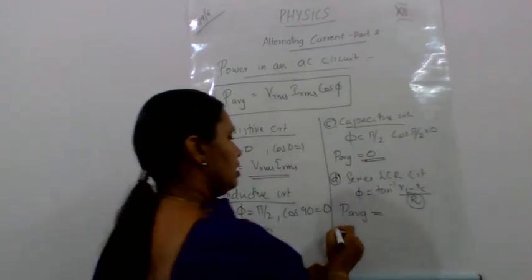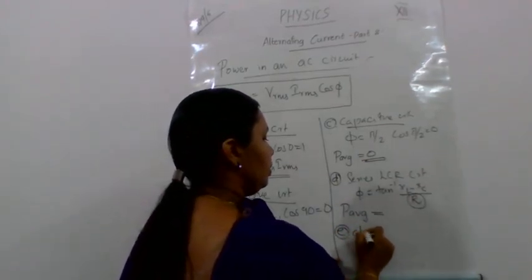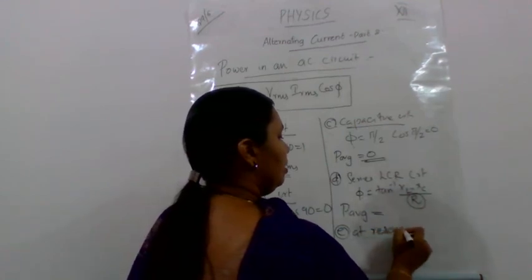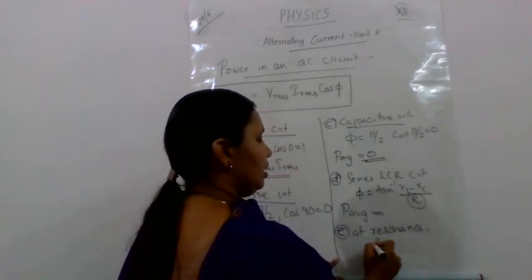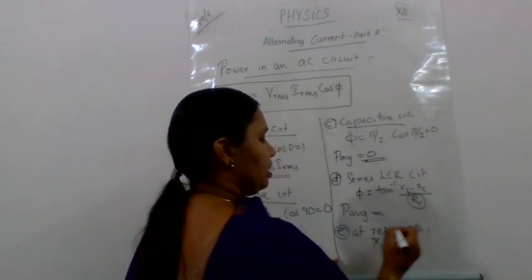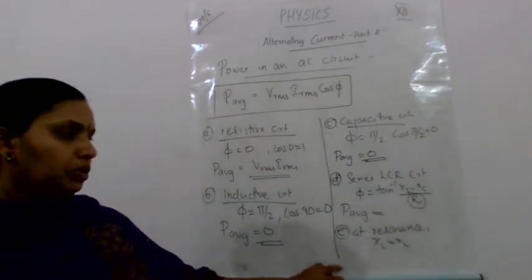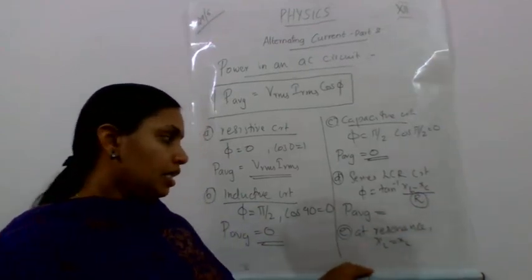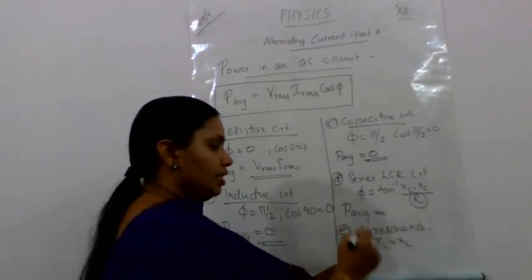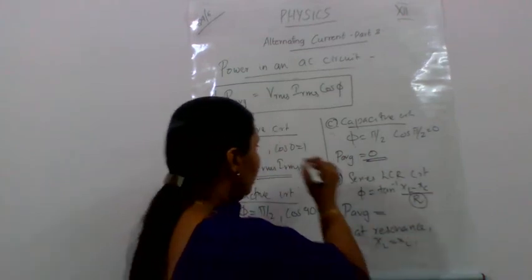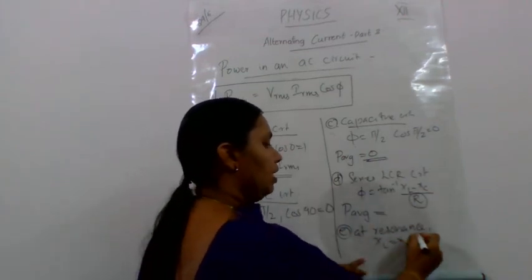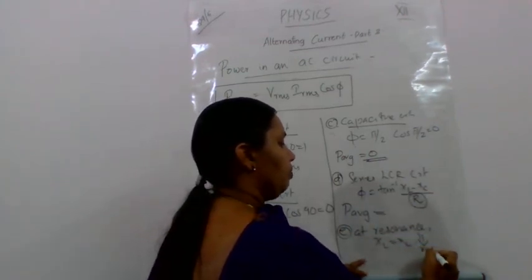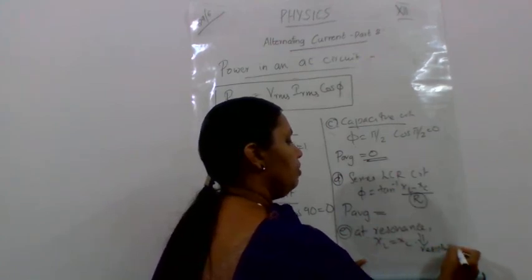And the last case is the LCR circuit at resonance. At resonance, XL is equal to XC. Only the resistor is remaining there. So the circuit will be equal to a resistive circuit.